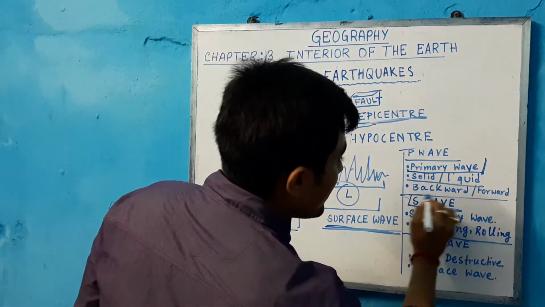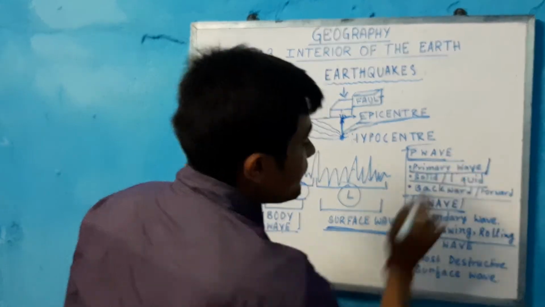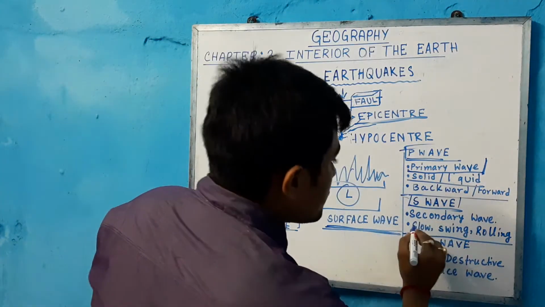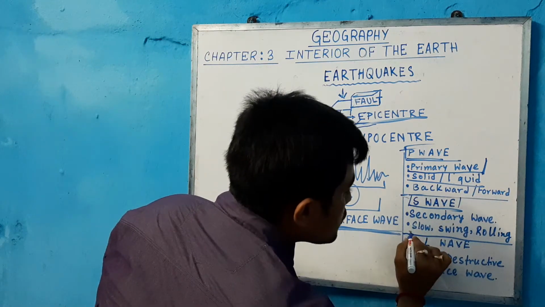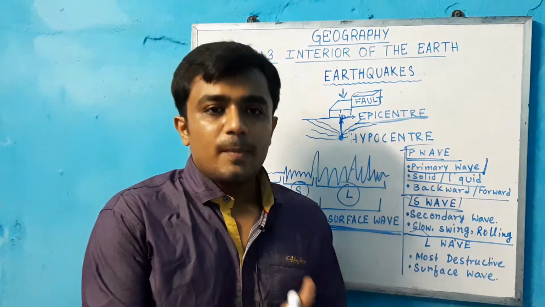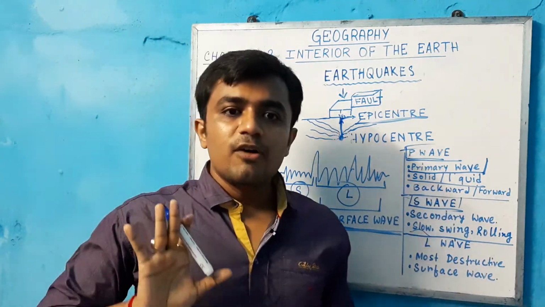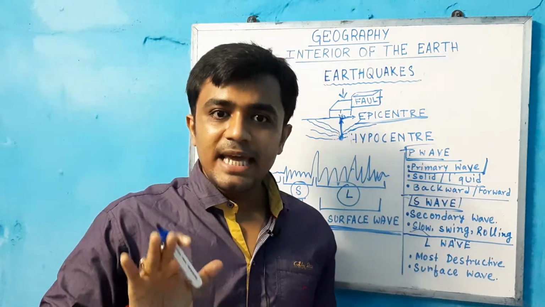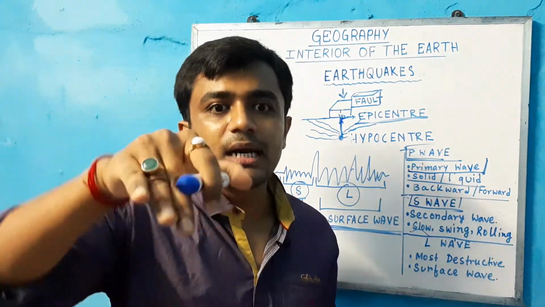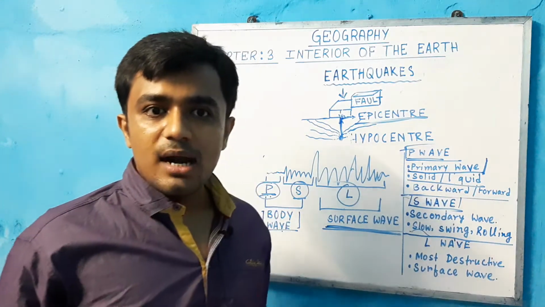This S wave is recorded after P wave in the seismograph. Okay. And this S wave works slow, swing, rolling. So combine those two forces: P wave forward, backward, then S wave slow, swing and rolling the ground. This is how they work.